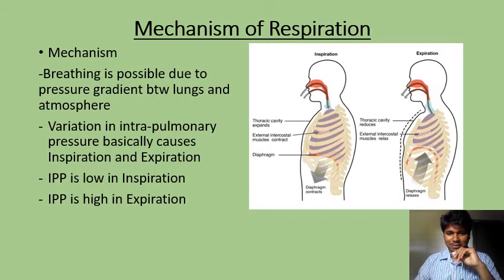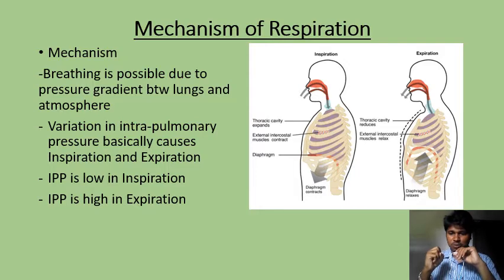The mechanism of breathing. If you normally observe yourself while you are breathing, you can notice a few things. You can notice that your rib cage is expanding and contracting. When you are inhaling, the air is rushing inside and your chest cavity is increasing. As you are exhaling, pushing the air outside, you find that your lungs are contracting.